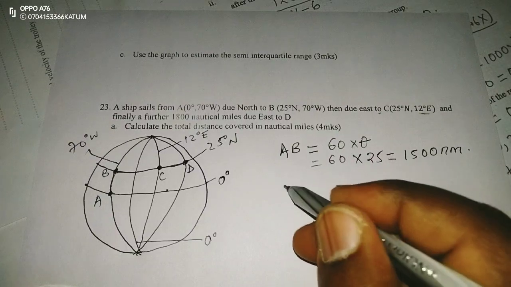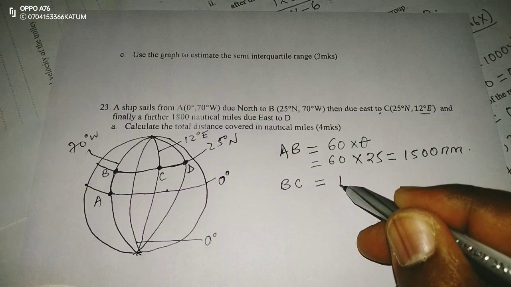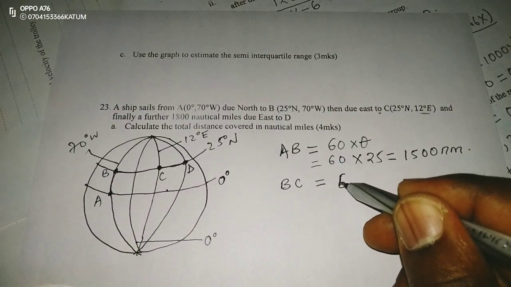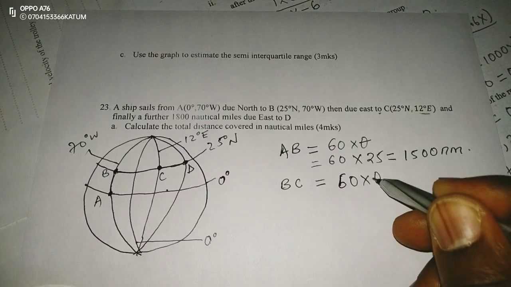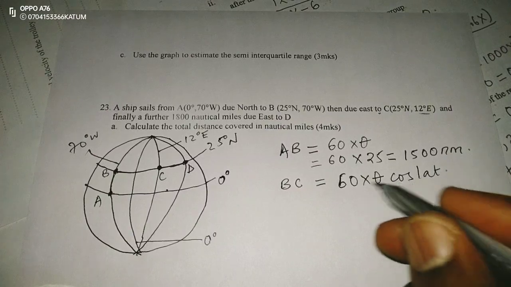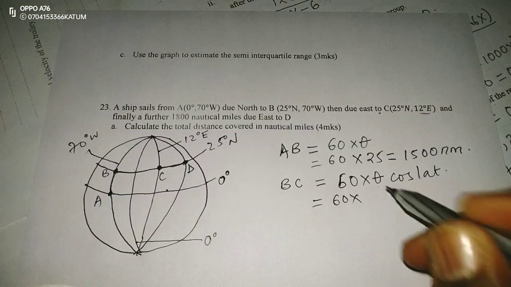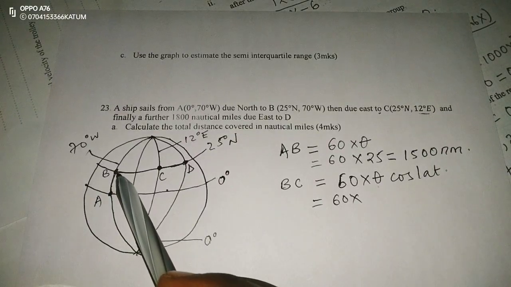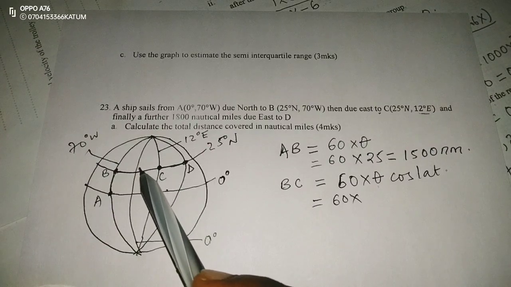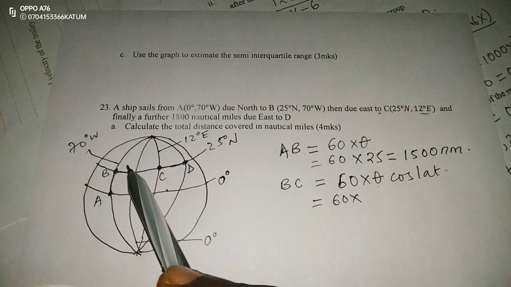Then we have B to C. The distance is now on a small circle: 60 times theta, times the cosine of the latitude where the 2 places are. Therefore, 60 multiplied by the change in longitude from 70 degrees west to 12 degrees east. These are longitudes on opposite sides of the prime meridian, and therefore we add the longitudes to get the angle difference.